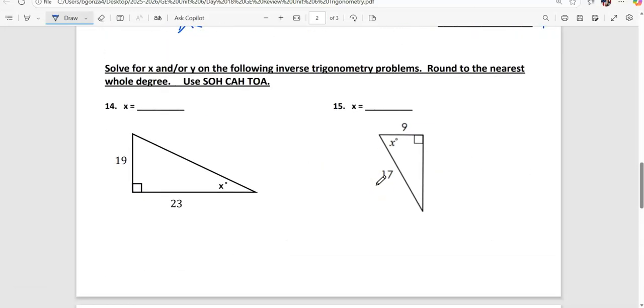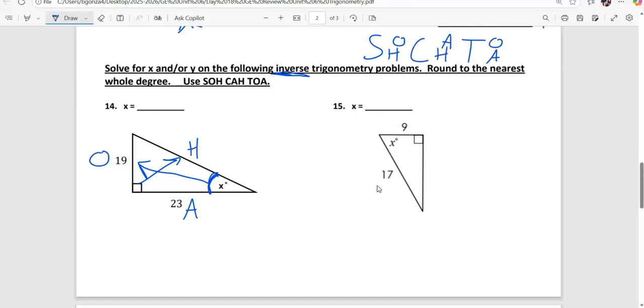Now, the next part is when we did inverse trig. It says it, but you know that because the x is now not on the outside, it is on the inside. So on both of these, we're going to put an arc at x, the missing angle, label the O, opposite, H, hypotenuse, A. Okay. And once again, we cannot forget SOHCAHTOA for our trig.